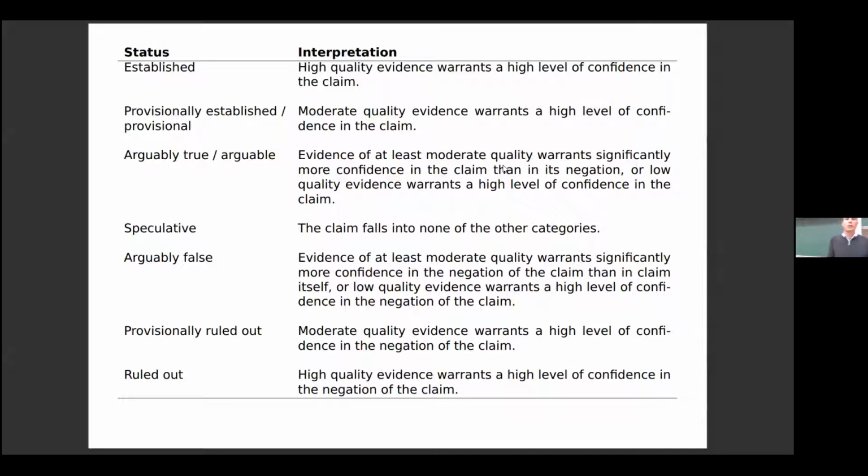Perhaps the claim is arguable or arguably true. Perhaps you've ruled out the claim or provisionally ruled out the claim, or the claim is arguably false. And if none of those is the case, then we classify the claim as being speculative. So these are the grades that we attach to the claims of interest.